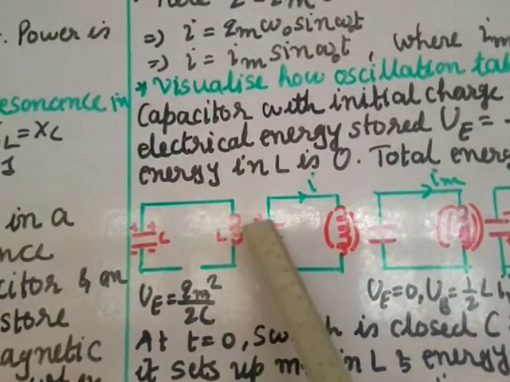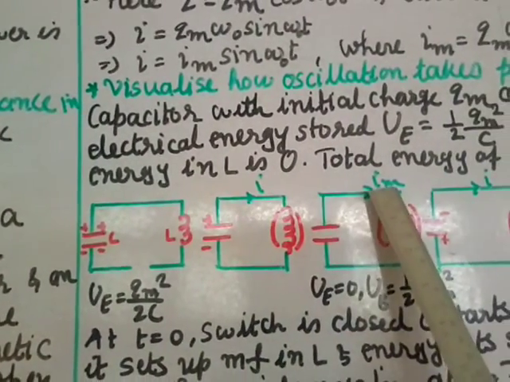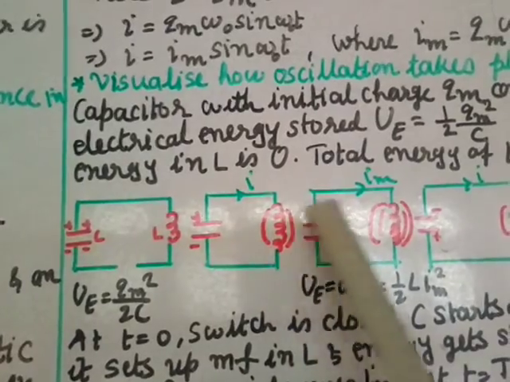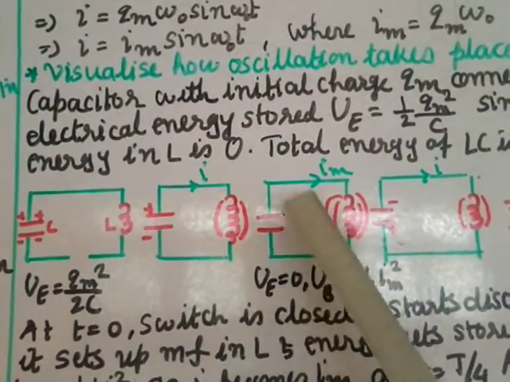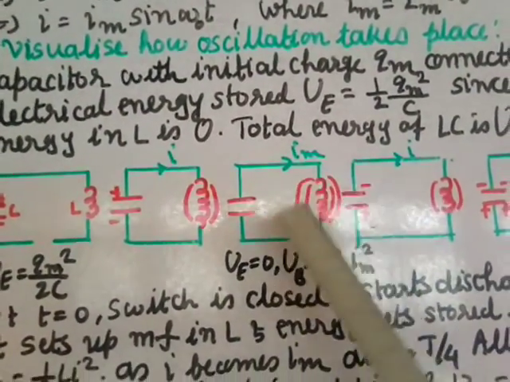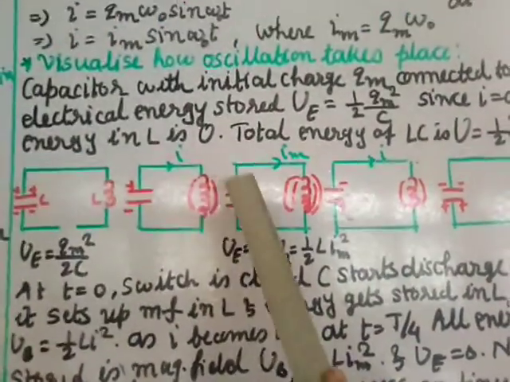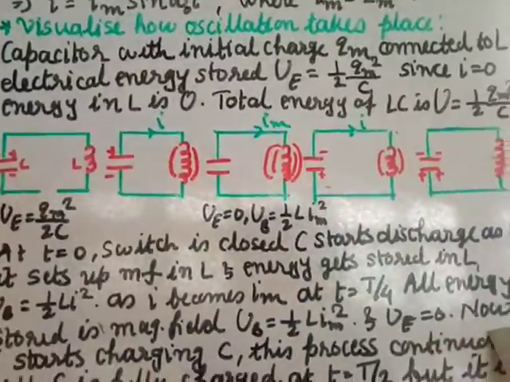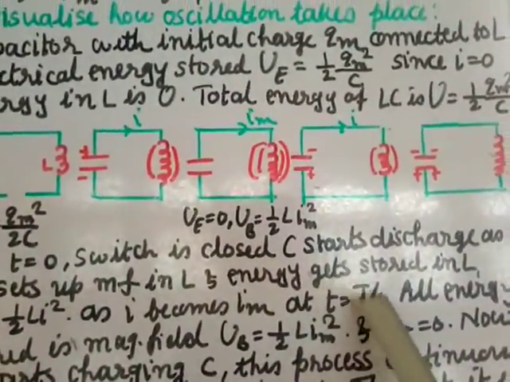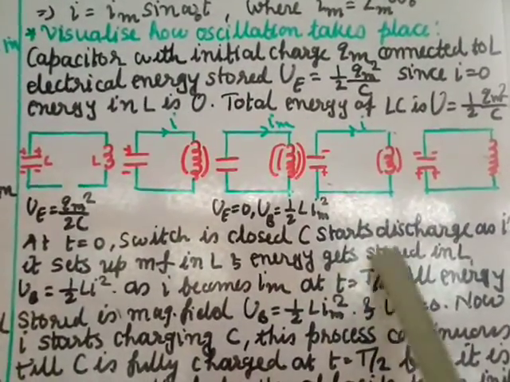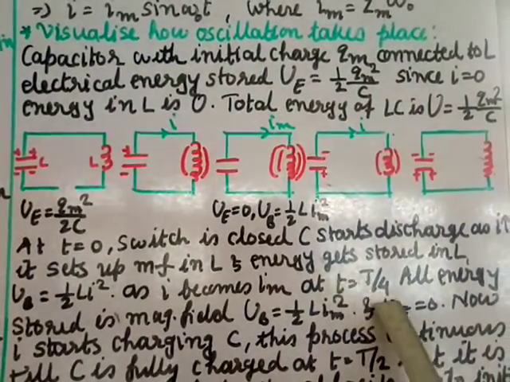Then the charge is fully discharged and current becomes maximum, Im. At that time the energy on the capacitor is 0 and the inductor has maximum energy, given by 1/2 LIm², and since there is no charge, U is equal to 0. This happens in time t equal to T/4.